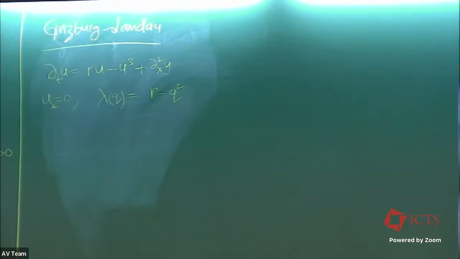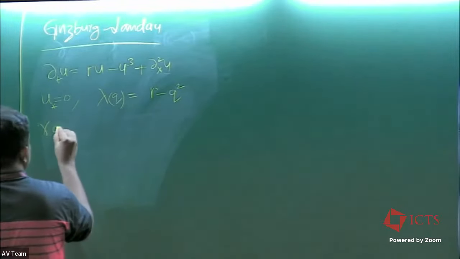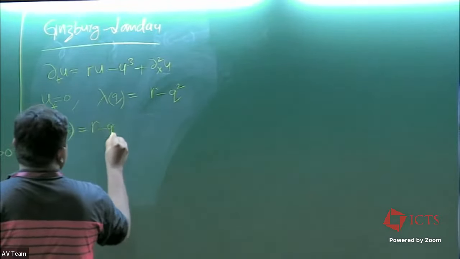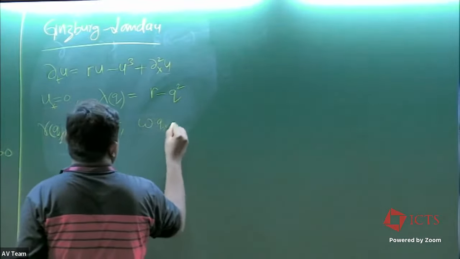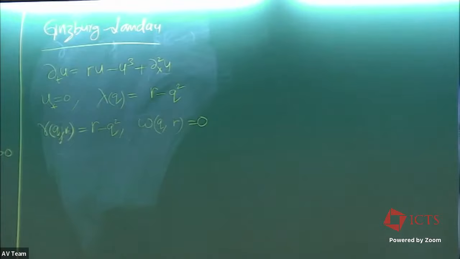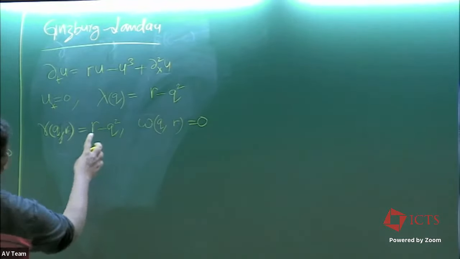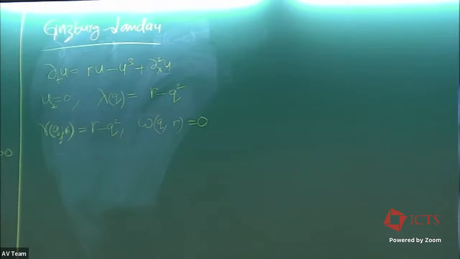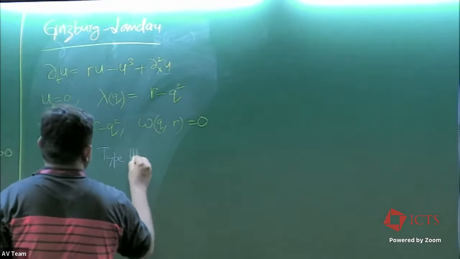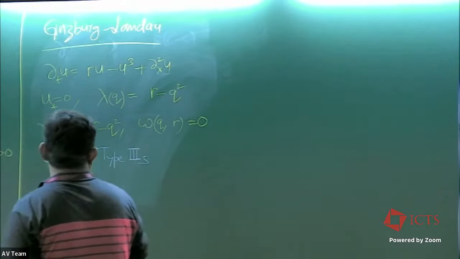Hopefully you all remember that. So gamma of q, r is the same thing as R minus q squared, whereas omega of q, r is 0. The growth rate gamma is maximum at q equal to 0, and whether it's positive or not depends on R. So R is basically epsilon. With this classification scheme, this is basically a type 3 stationary.